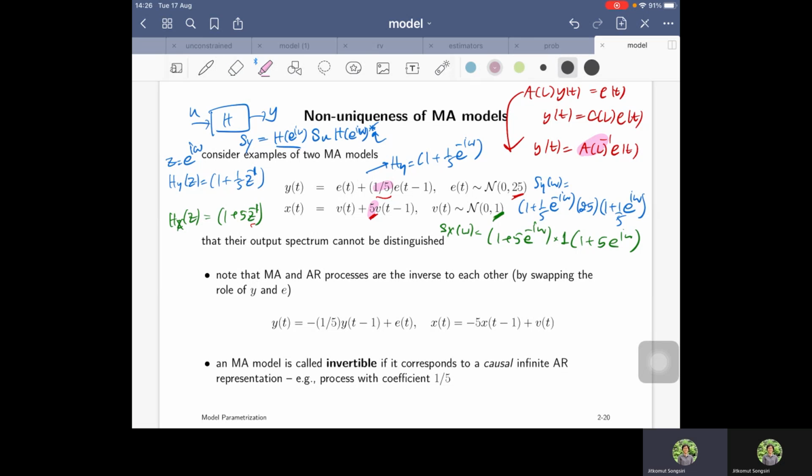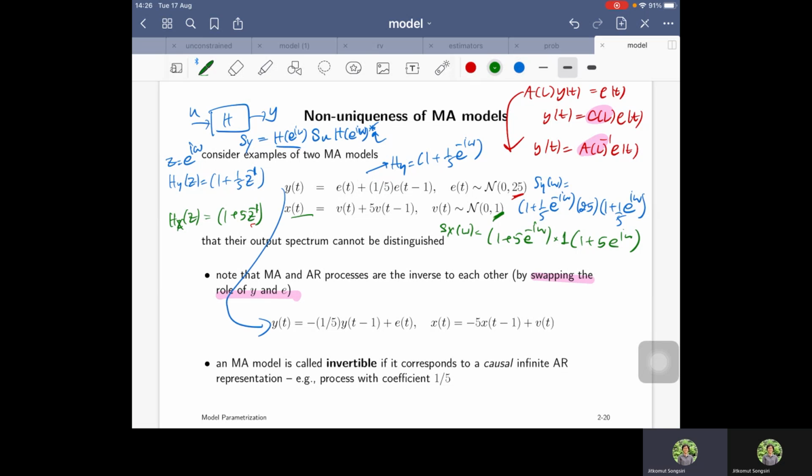So if you take the inverse of the moving average process, you get AR, right? And of course, when you take the inverse, basically you can just take a look at the equation and swap the role of input and output. So the first process corresponds to this AR.